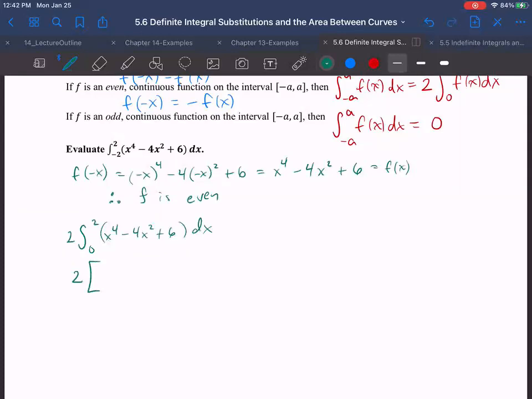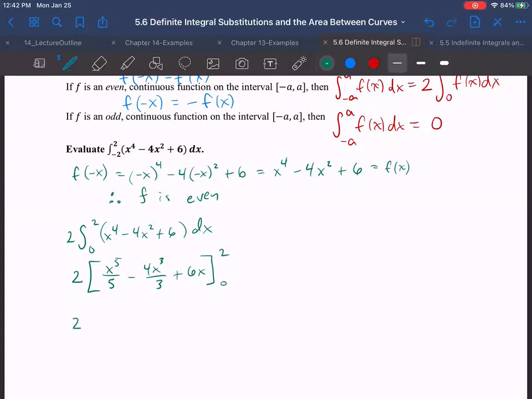So this becomes what? 2 times x to the 5th over 5 minus 4x cubed over 3 plus 6x. And we're evaluating this from 0 to 2.